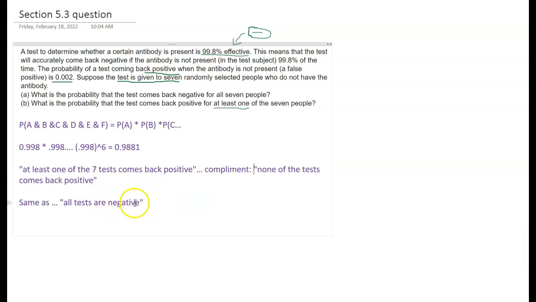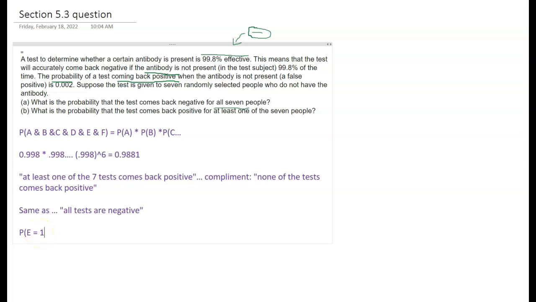And so how does this help me? We can use the complement rule. And the complement rule says that the probability of an event is equal to 1 minus the probability of its complement. So if I want to know the probability that at least 1 is positive, then that would be the same as 1 minus the probability of its complement, which is none positive.